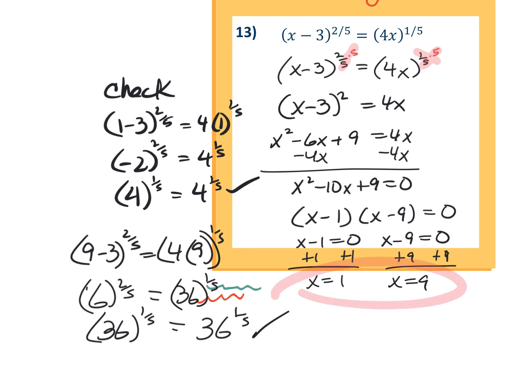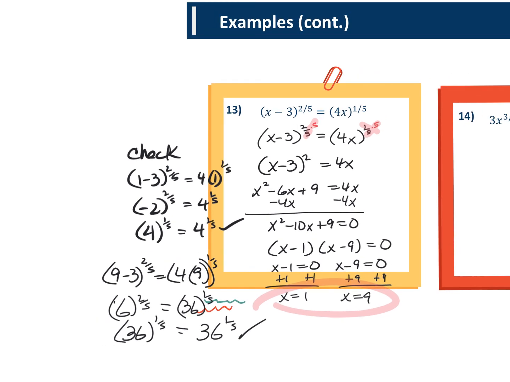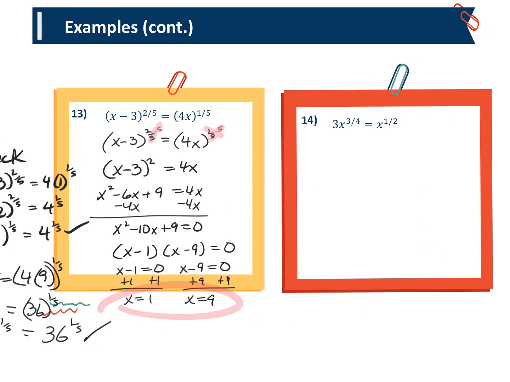And then the last example, I'm going to raise both sides to the 4th power. So if I raise both sides to the 4th power, that cancels that fraction, and this simplifies to an x squared, and then I get 3x to the 3rd.